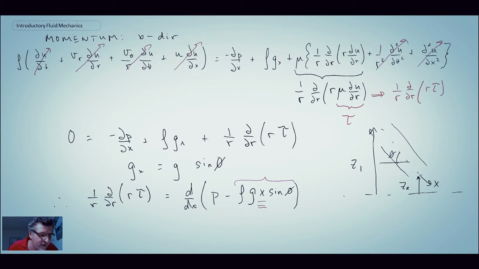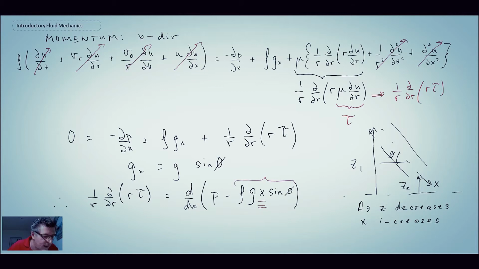And the next thing we're going to do, we're going to make a sign change here. And the way that we're going to be able to justify that is as z decreases, x increases, or as x increases, z decreases.